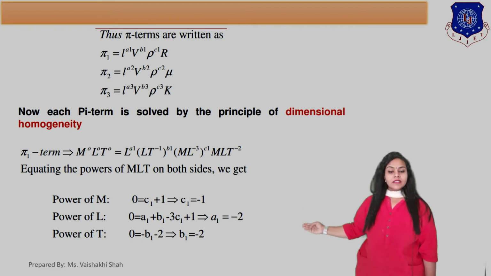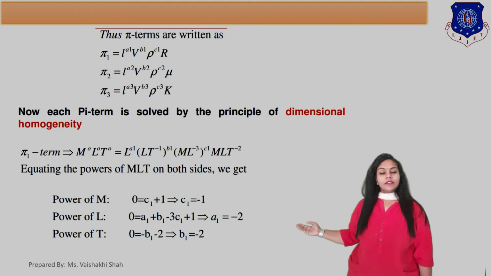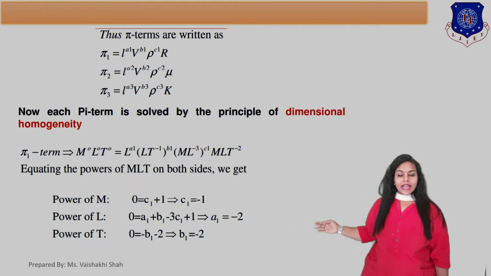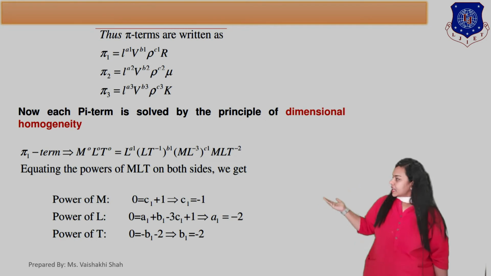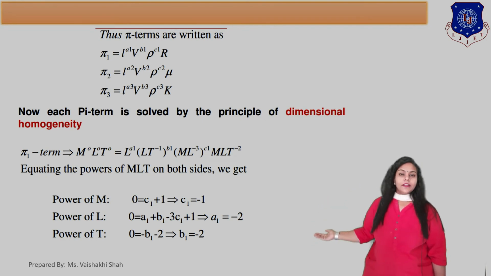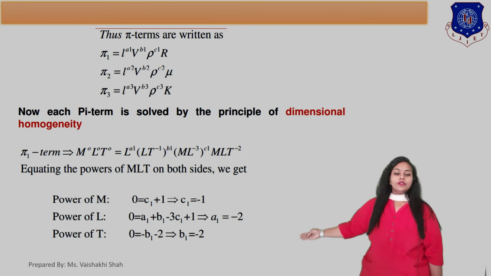Third, power of T: on the left hand side it is 0, and on the right hand side it is minus b1 minus 2. So you get b1 equals minus 2.